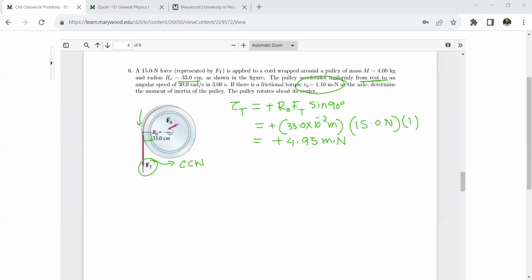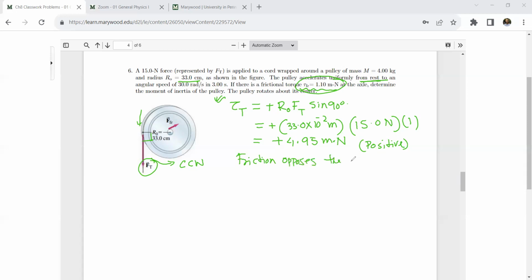So if the applied torque is positive, as you see here, although it did not say whether the friction torque will be negative or not, by knowing that friction always opposes the motion, here friction opposes the rotation.